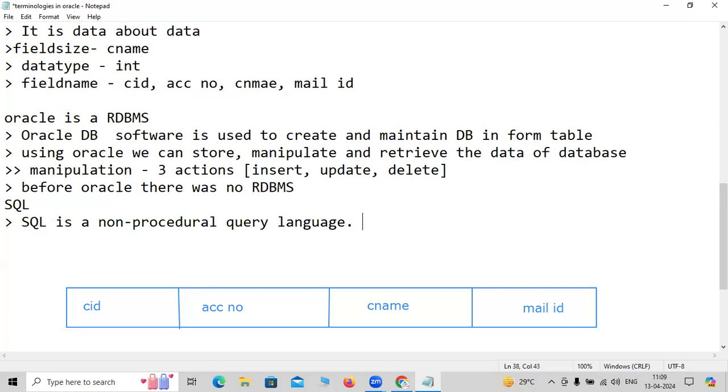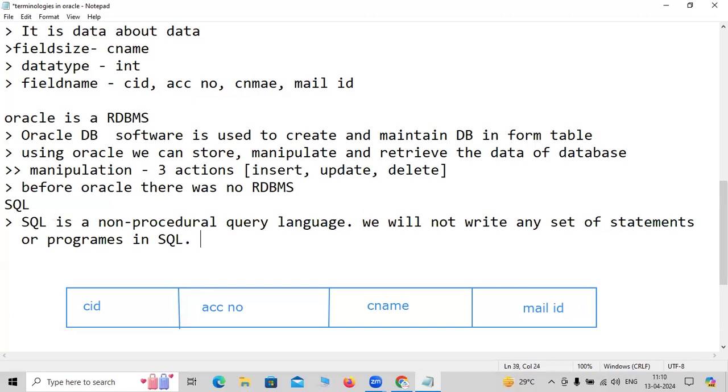In the non-procedural query language, we will not write any set of statements or programs in SQL. In SQL, we just write queries.